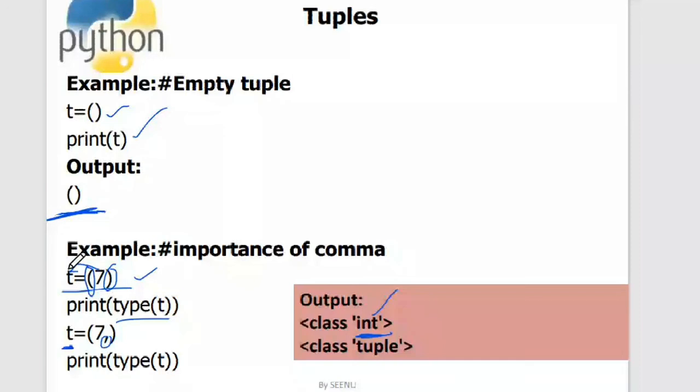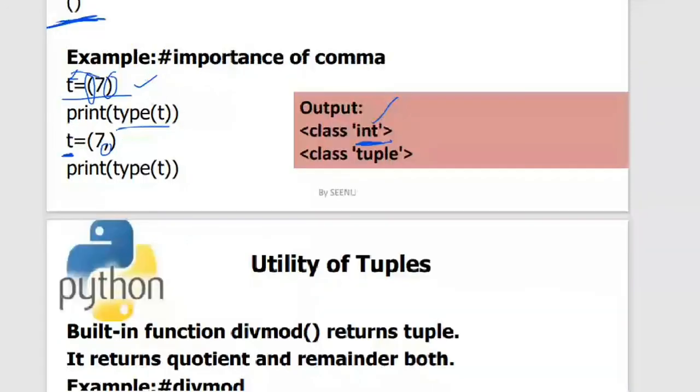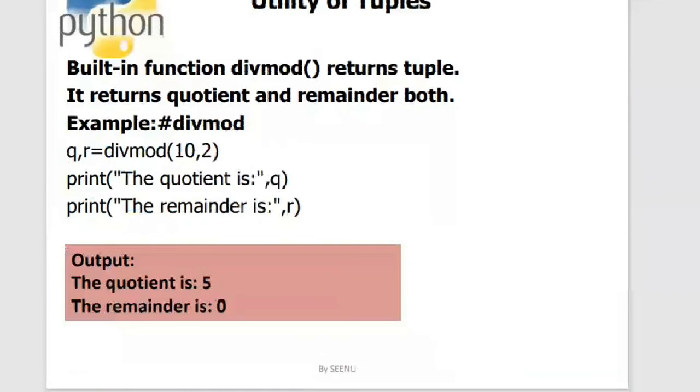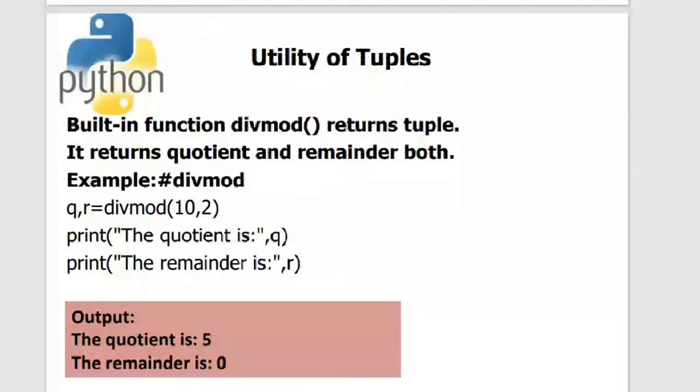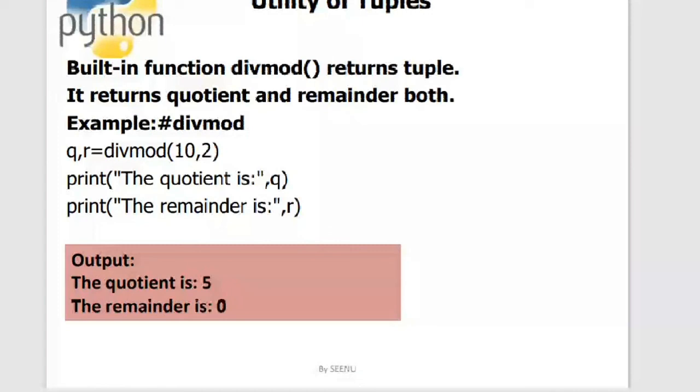Next one is utility of tuples. What does it mean by utility of tuples? Utility of tuples means where tuples are used, so the usage of tuples. Tuples are used in a built-in function, divmod, which returns a tuple. Why are we specifically trying to understand divmod? Divmod will give 2 values as the return.